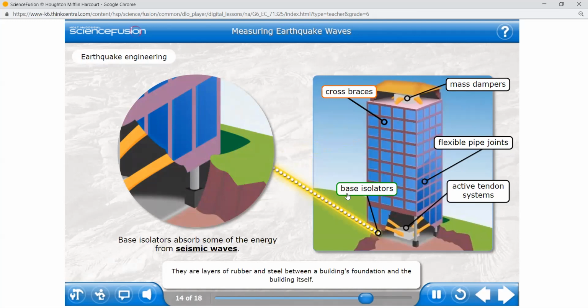They are layers of rubber and steel between a building's foundation and the building itself. They are able to absorb some of the energy from the seismic waves, preventing the waves from traveling up through the building. They said that we have something made up of steel here, and that is taking the shaking of the ground and not letting the building shake a lot.